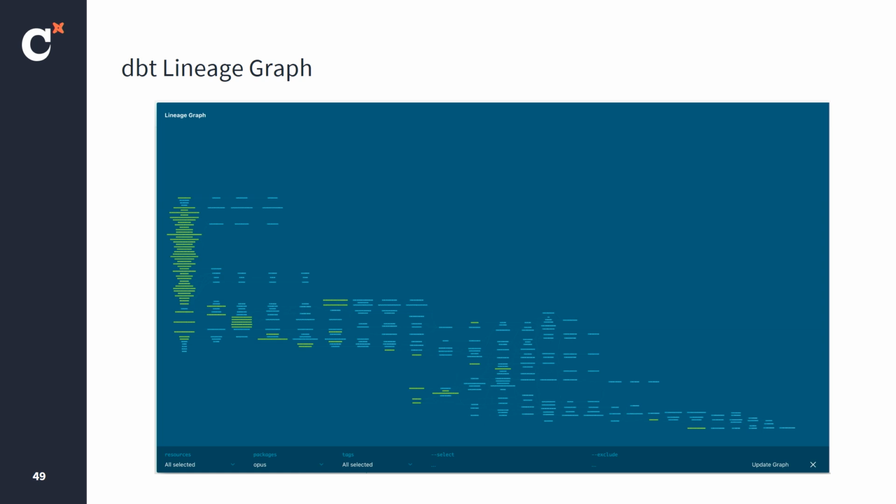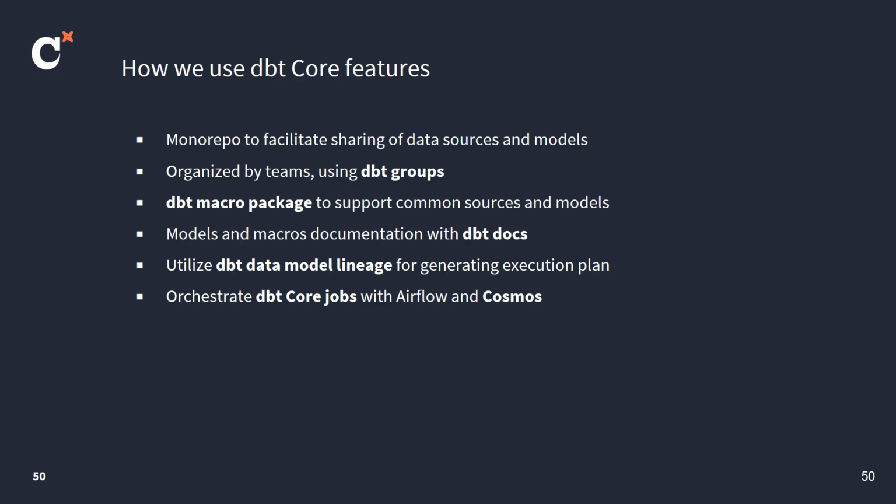So we're able to use the lineage graph plus the profiling information to construct that picture, to make sure our hardware resources are optimized, performant, and cost effective. And obviously, we use Airflow plus Cosmos to orchestrate our DBT Core jobs along with those execution optimizations that I just mentioned.